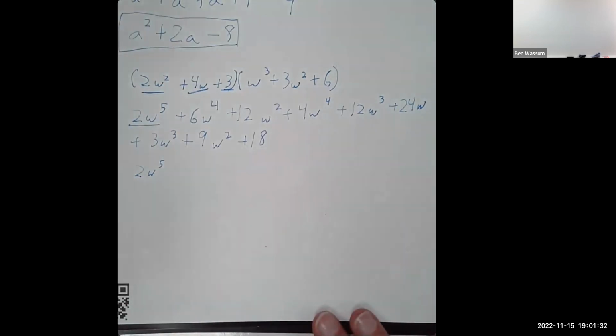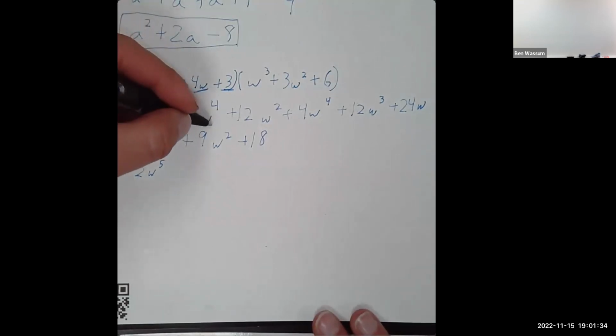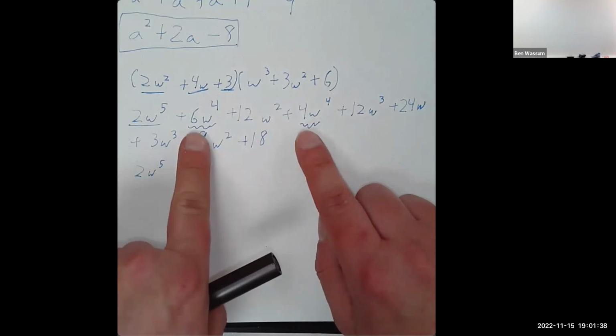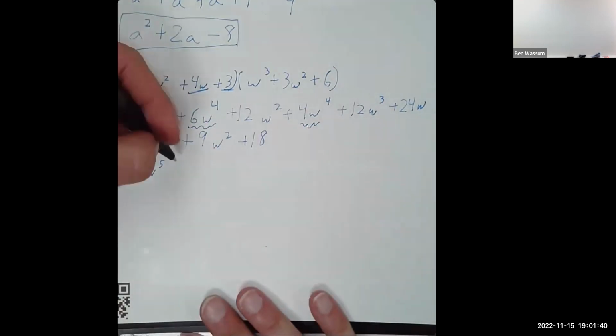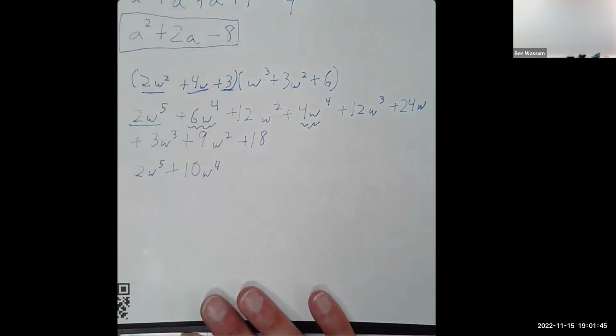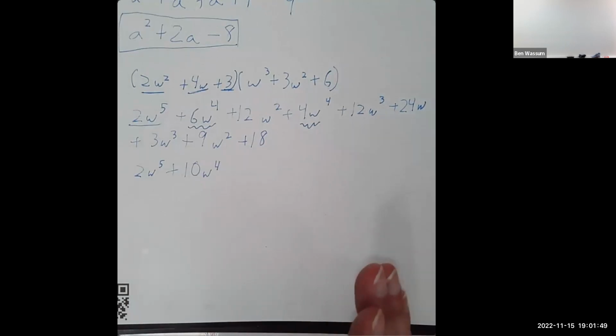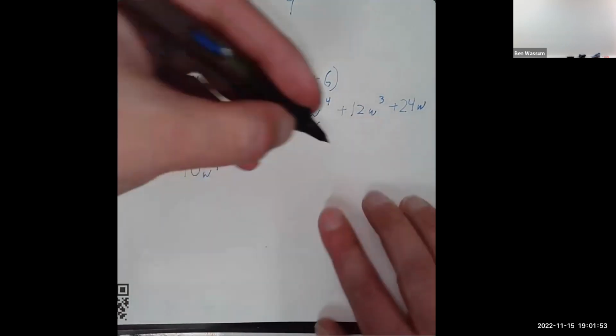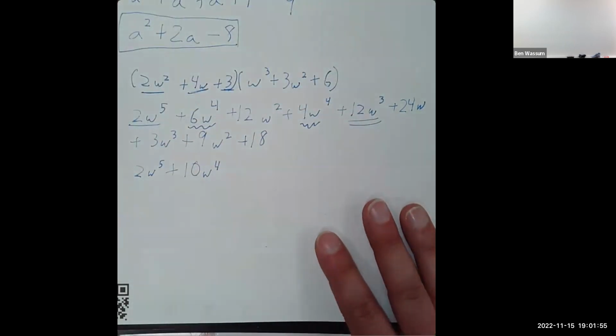Then I'll look at the next one, which is the 4th power. I got 1 here and I got 1 here. So 6w to the 4th plus 4w to the 4th is 10w to the 4th. Okay, now what about the third powers? Well, there's 1. And there's 1.